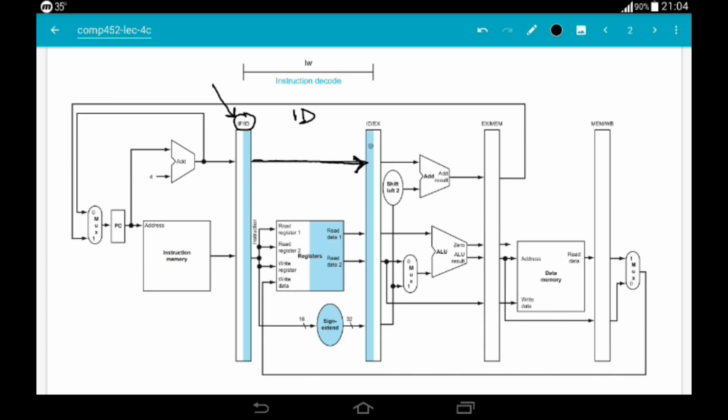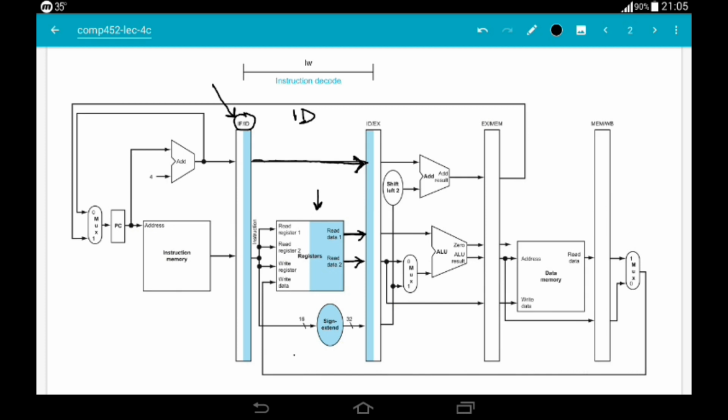You can see that the left part of IDEX is shaded, which means that the register is being written. Now what else is happening here? In the register file, the right half is shaded, which obviously means that data is being read from the registers. So two register values are being read, one value and this is the second value, and both of these values are being written into the IDEX pipeline register.